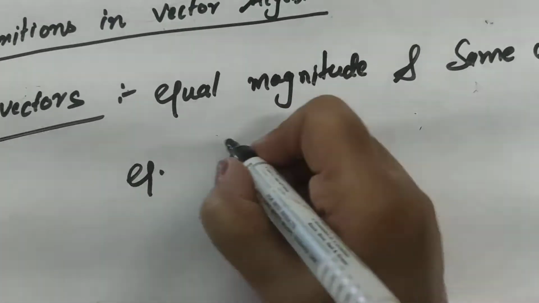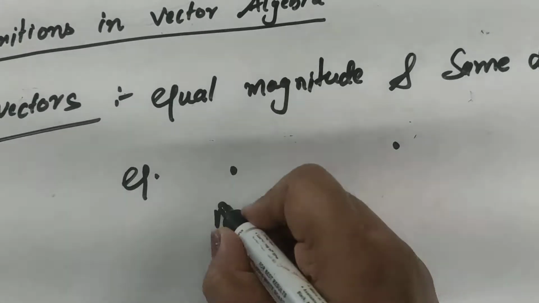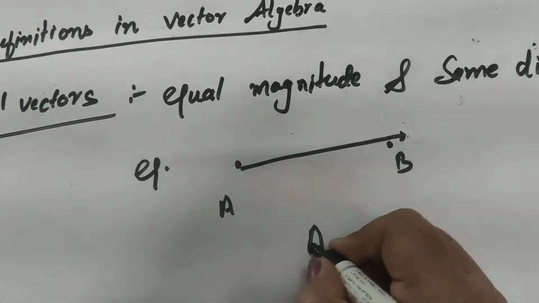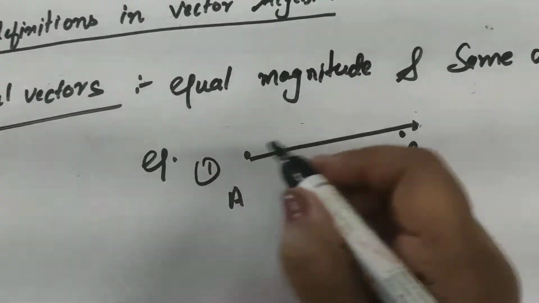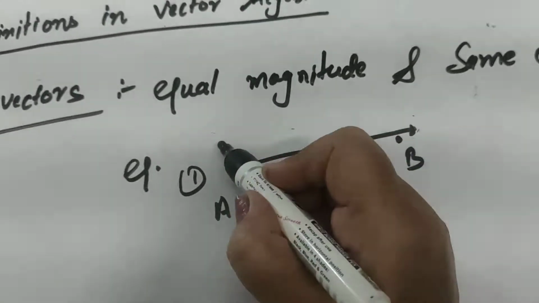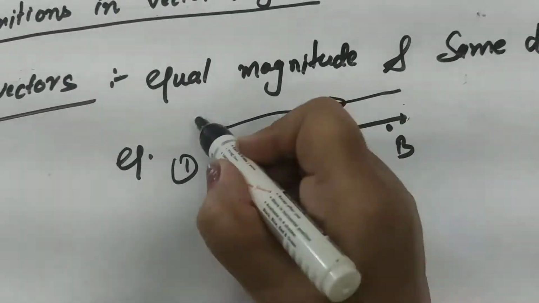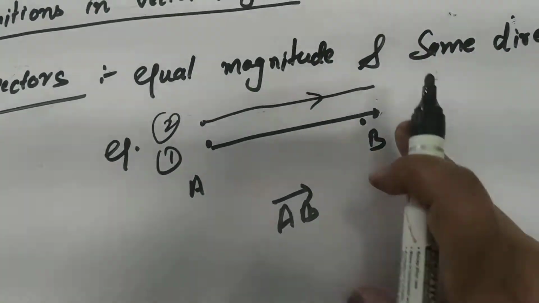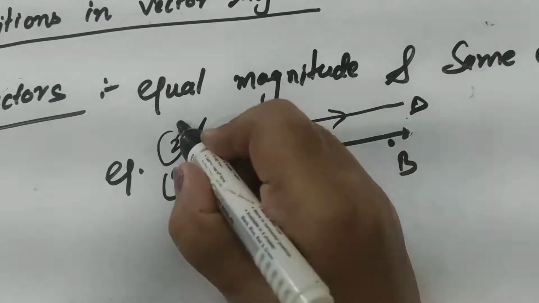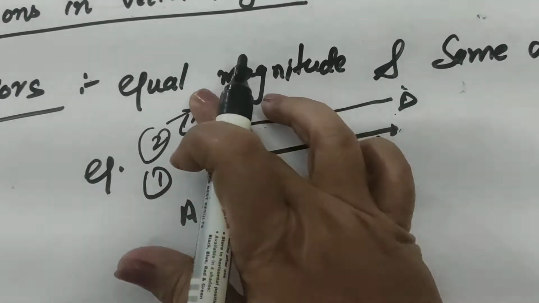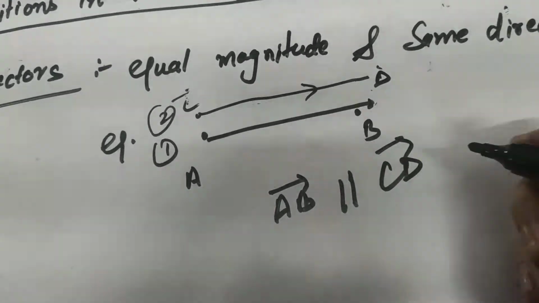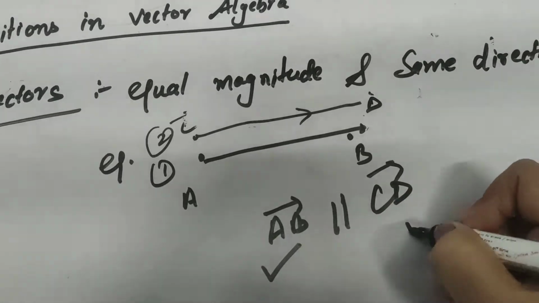For example, if a body is moving from A to B, the vector associated with body 1 is AB, and if another body is also moving along this direction 2, then the vector associated with it will also be AB. Let me represent this as CD, for example. So in this case AB is parallel to CD vector, or we can say AB vector is equal to CD vector.